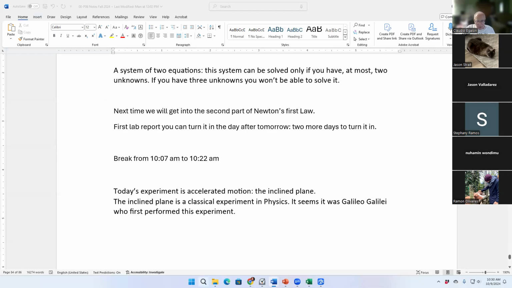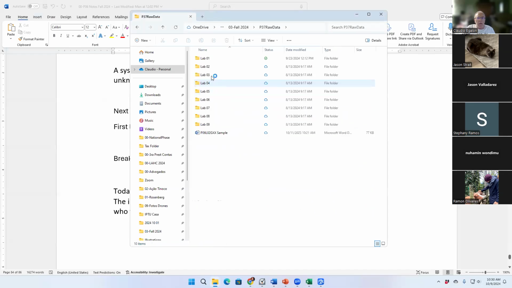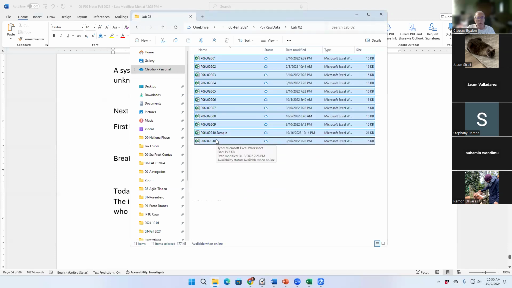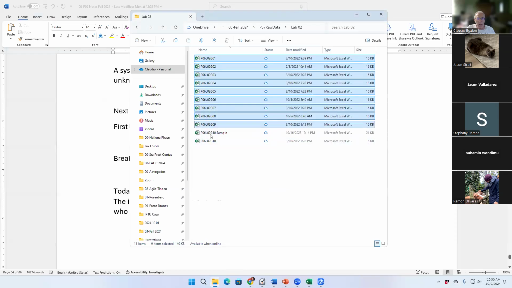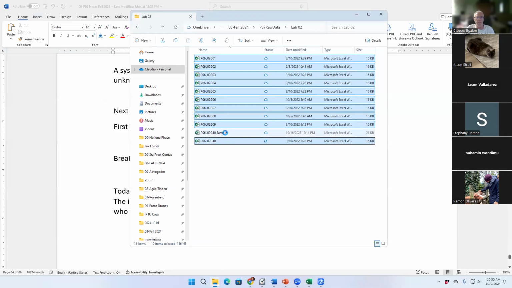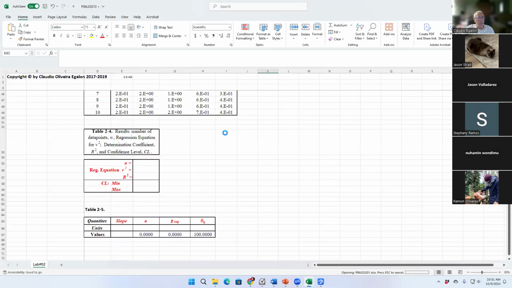But let's get your spreadsheet and P37 lab number 2. Let's make sure everything is working fine. As you can see, I have several spreadsheets here.